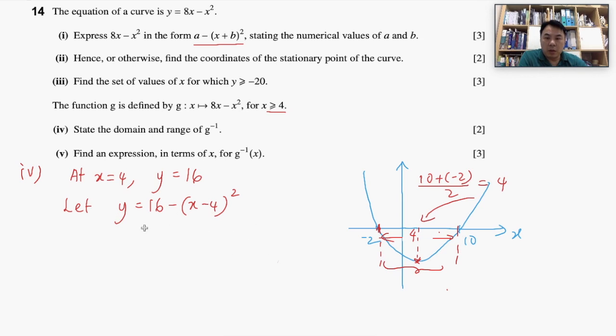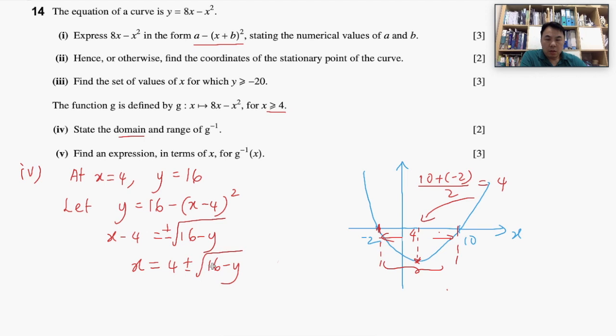So let y equal to this. Therefore, you have x minus 4 equal to plus or minus the square root of 16 minus y. So x is equal to 4 plus or minus the square root of 16 minus y here. Now again, we need to check: the x value that we have here is always greater than 4.